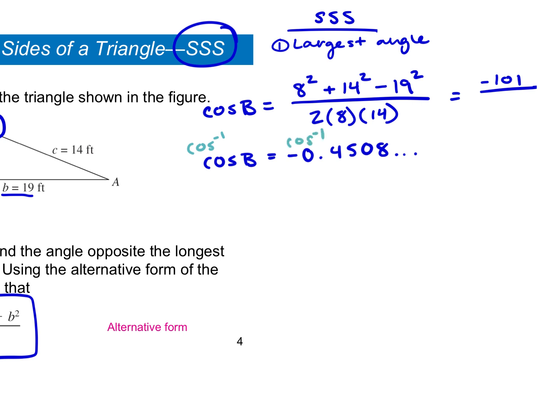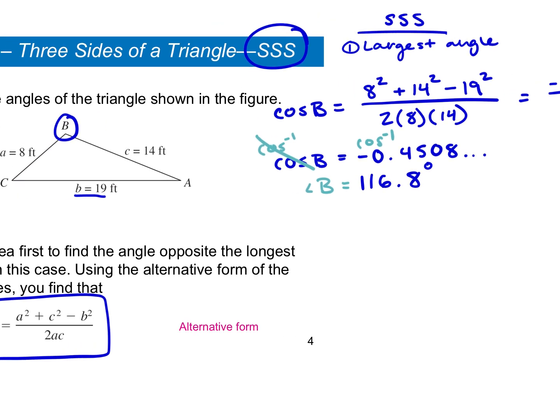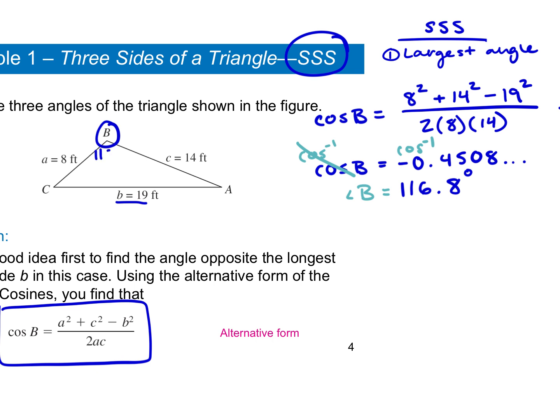So inverse cosine, it'll cancel out with the cosine here, so we're just left with angle B is equal to, so in my calculator I do second cosine, second answer, to copy and paste my answer. We get 116.8. 116.8 what? What are we talking about here? Degrees. 116.8 degrees. Awesome.